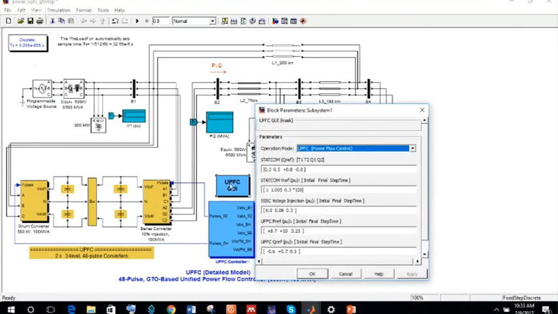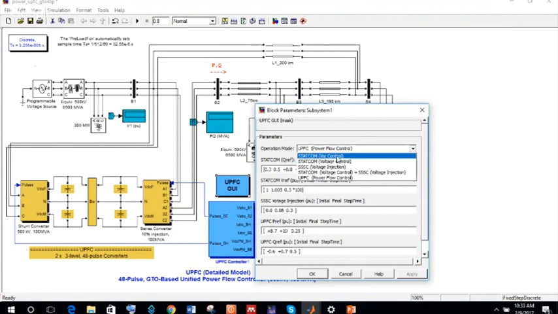Now, since there are three different devices in the same UPFC, they are all controlling parameters. If it is a STATCOM, you can control reactive power, VAR control, or use it for voltage control. So all these facilities which the devices supply are shown here.